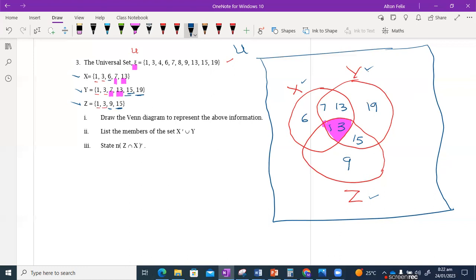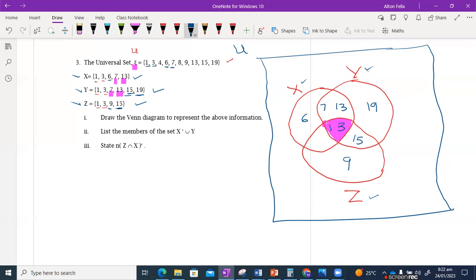Now, once all the members or elements of X, Y, and Z are accounted for in the diagram, then we can underline those numbers. Let's go 1, 3. 4 was not common here. Let's go to 6, was accounted for. So was 7.